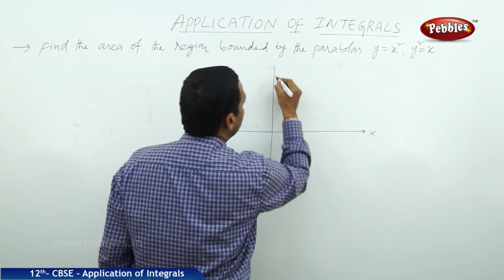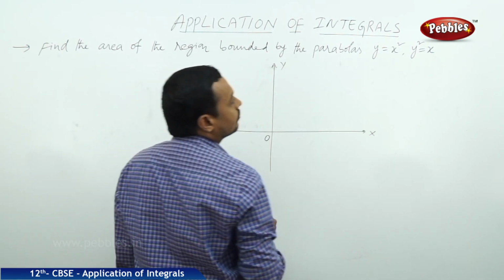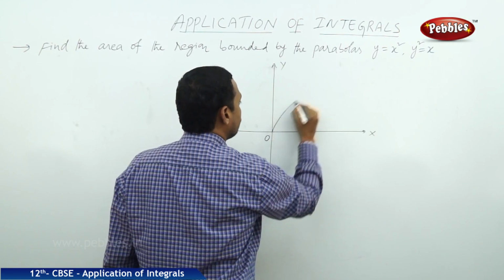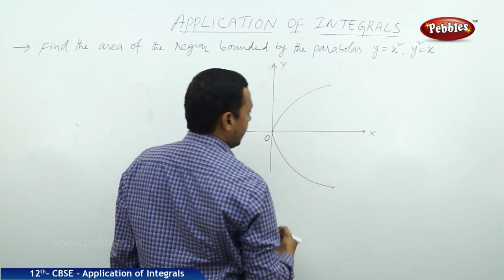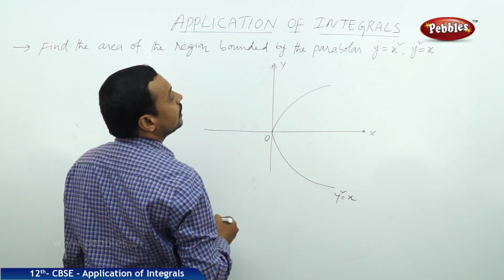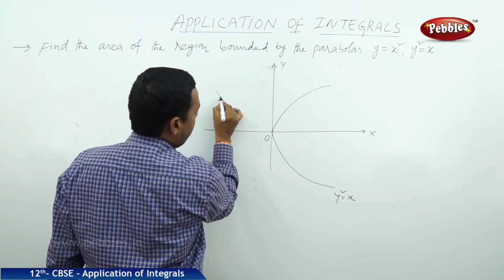Now let us draw the two curves first. y square = x is symmetric about the x axis, and x square = y is symmetric about the y axis.